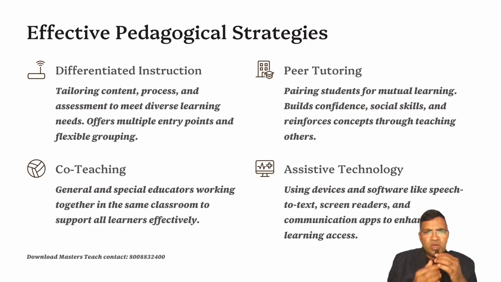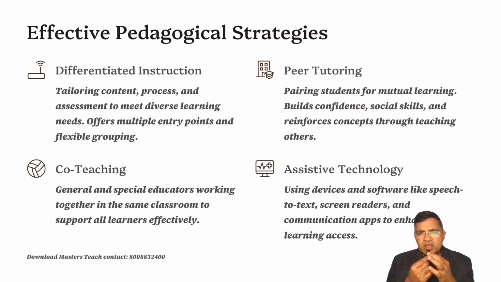Okay, peer tutoring. It means pairing the students for mutual learning. It builds confidence and social skills, and reinforcement: reinforce the concept through teaching others. Co-teaching means general and special educators working together in the same classroom to support all the learners.